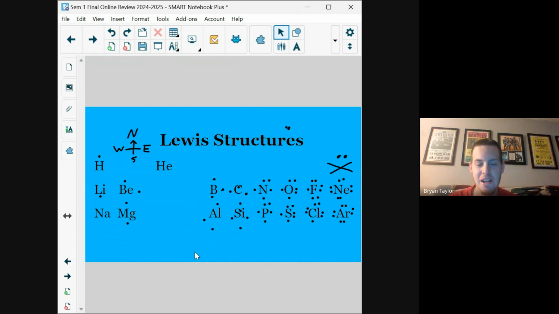I want to just really quickly go over the Lewis structures. This is where the dots come in. Again, it's literally the valence electrons. The dots are the electrons, and they come from the valence electrons.